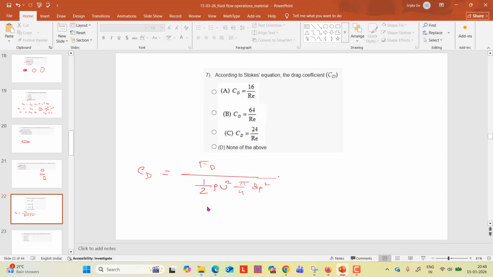And FD for a sphere, we know that it is nothing but 3 pi mu dp into U, right?